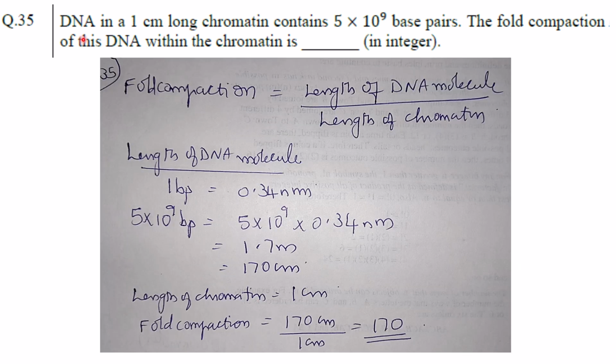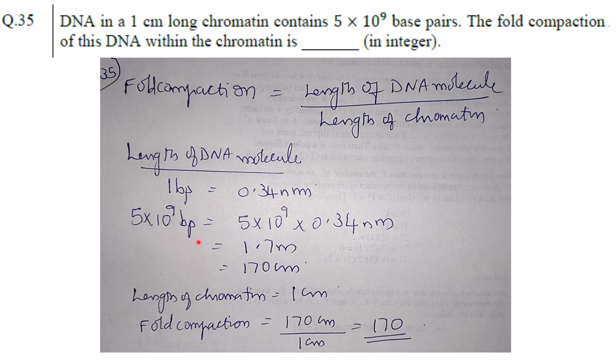Then next one. DNA in a 1 centimeter long chromatin contains 5 into 10 raised to 9 base pairs. The fold compaction of this DNA within the chromatin is. Fold compaction is given by length of DNA molecule by length of chromatin. Now we have to calculate the length of the DNA molecule. We know the rise per base pair is 0.34 nanometers.